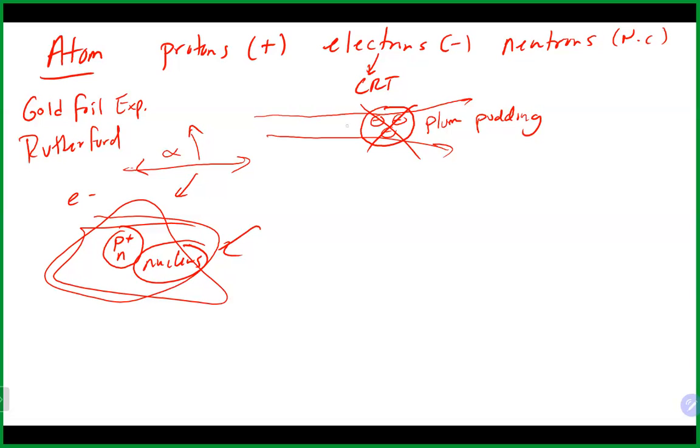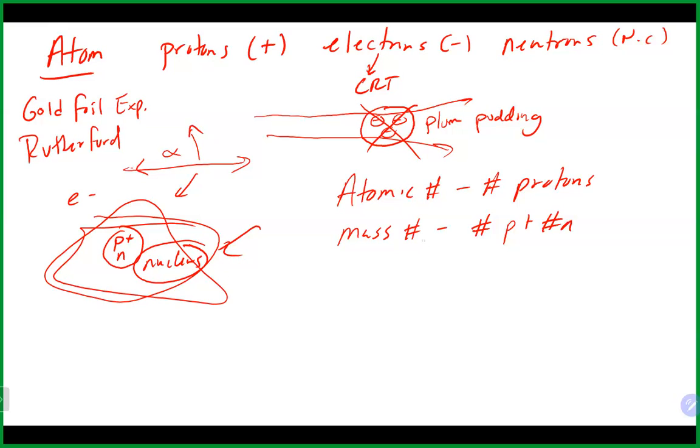We talked afterwards about a couple other important aspects, which is our atomic number, and that is the number of protons in an atom. The mass number is the number of protons plus the number of neutrons. Remember that on the periodic table you can find the atomic number, but you cannot find the mass number.